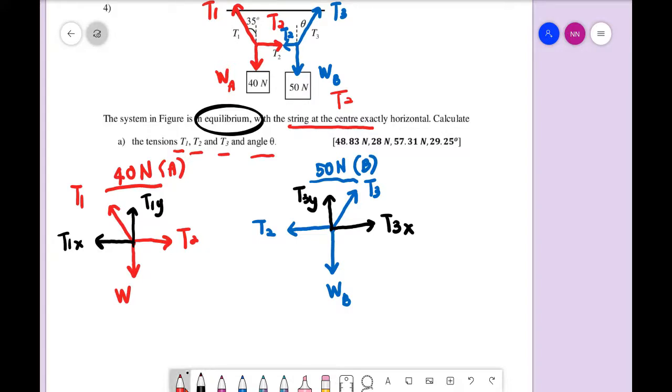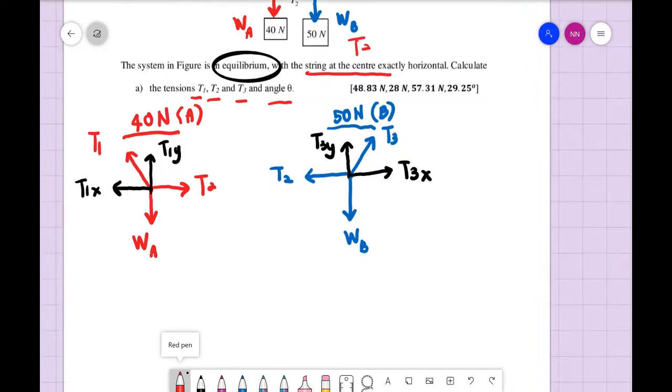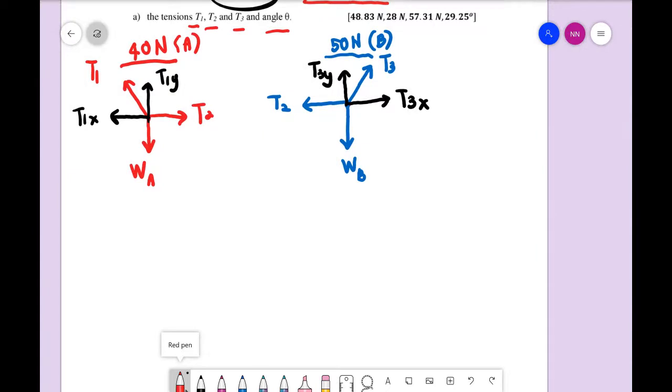This is weight A. So for object A, net force x equals 0. So we have these forces at the x component. It will be T2 plus negative T1x equals 0.